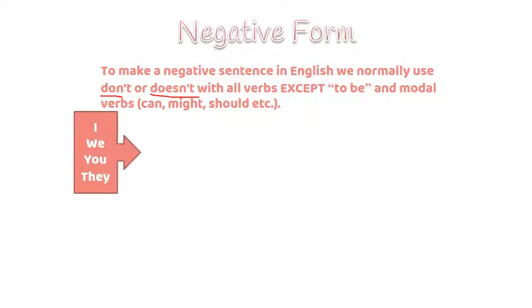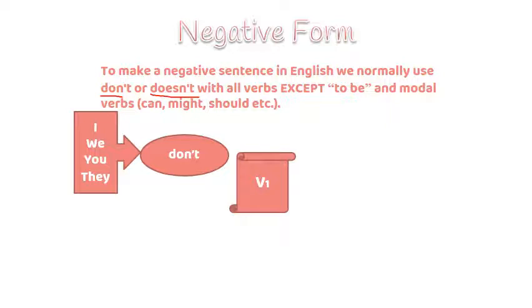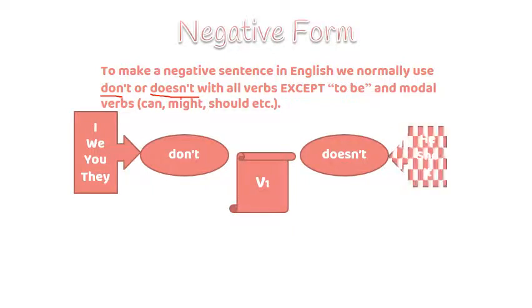First of all, if I have I, we, you, or they, or a plural subject, I have to use don't after the subject. Then I write the verb. If I have a singular subject like he, she, or it, I have to use doesn't, then the verb.